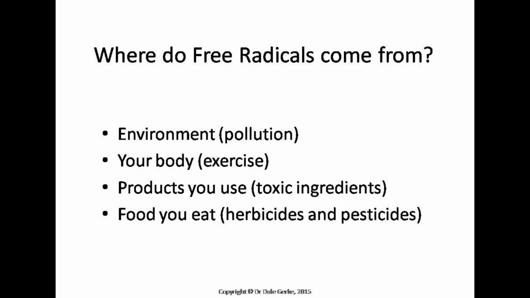And these products can have toxic ingredients in them, in other words, free radicals in them, and you can paint them onto your body or ingest them. And then, of course, there's the food you eat, which can have herbicides and pesticides and other forms of free radicals. So what this really means is it can be very difficult to avoid free radical damage.